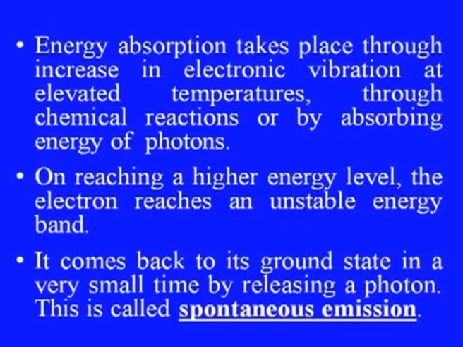On reaching a higher energy level, the electron reaches an unstable energy band. It comes back to its ground state in a very small time by releasing a photon. This is what just now we have discussed. This phenomena is called spontaneous emission.